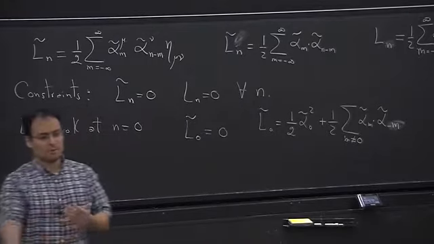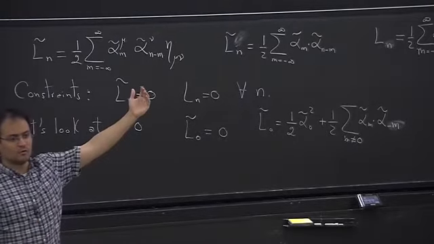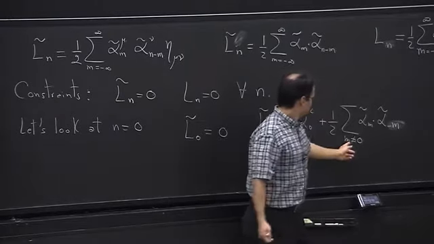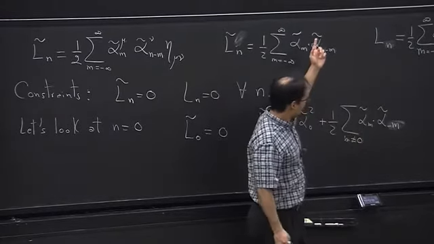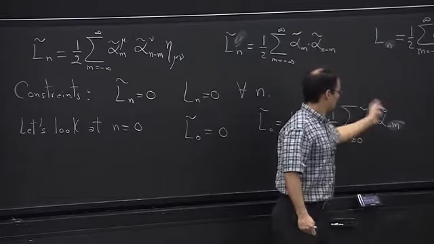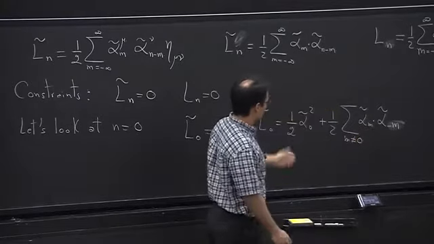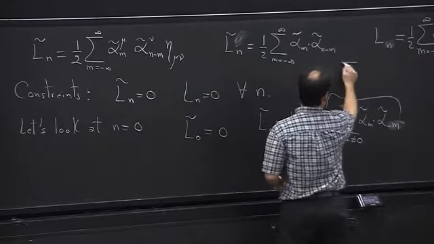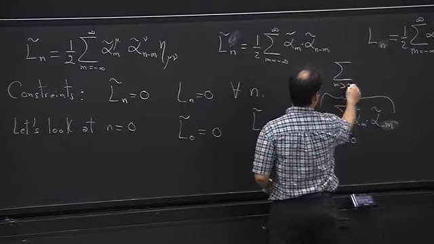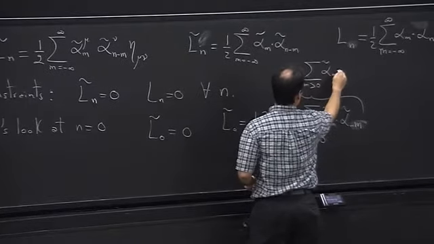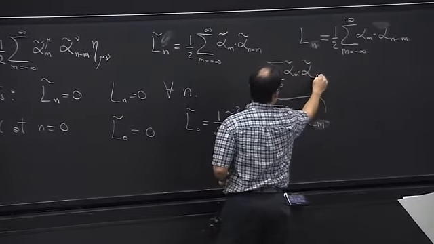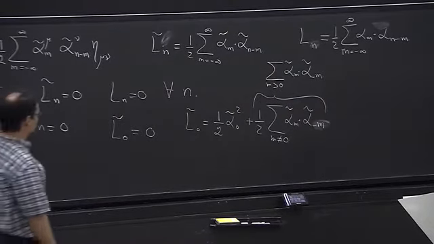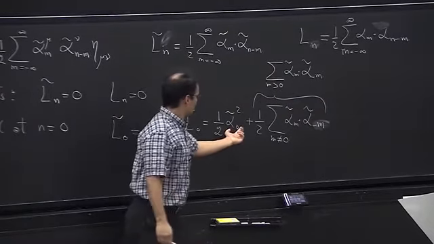Once we go from m equals minus infinity to m equals infinity, for every negative m, there is a positive m that will give us exactly the same contribution. So we could replace this sum by a sum over all positive m's. Now we look at alpha tilde square. Go back here.